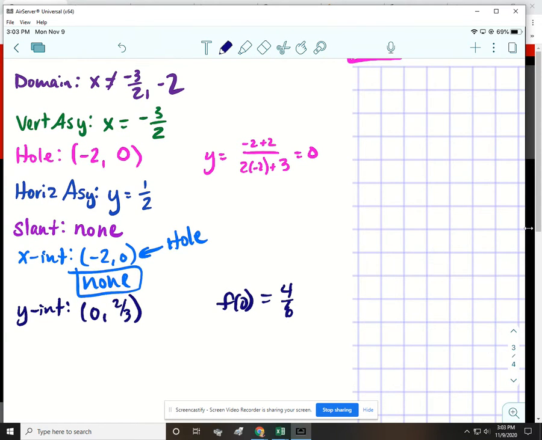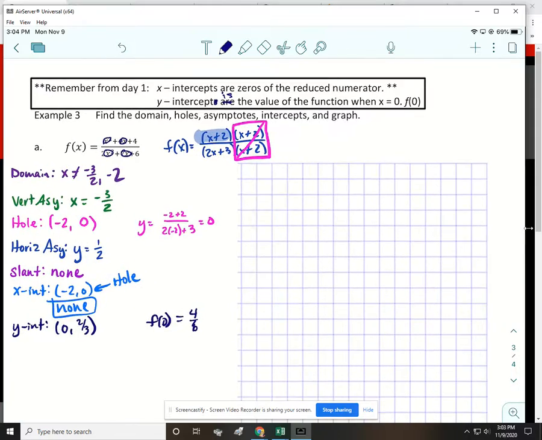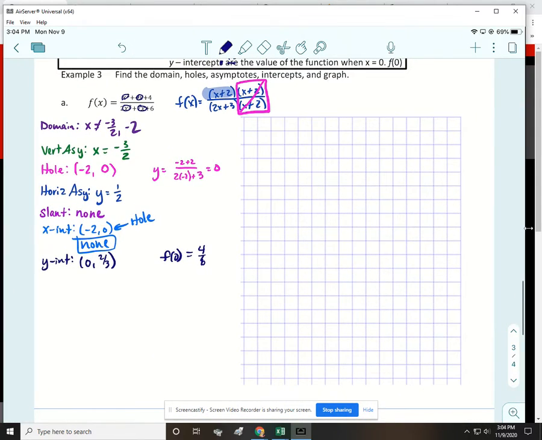Okay, so let's graph all these things. We have a bunch of fractions here. So what I decided to do, because I have a pretty big grid, is just go by 1/2. So I'm going to put my x-axis here. And I'll put my y-axis here.